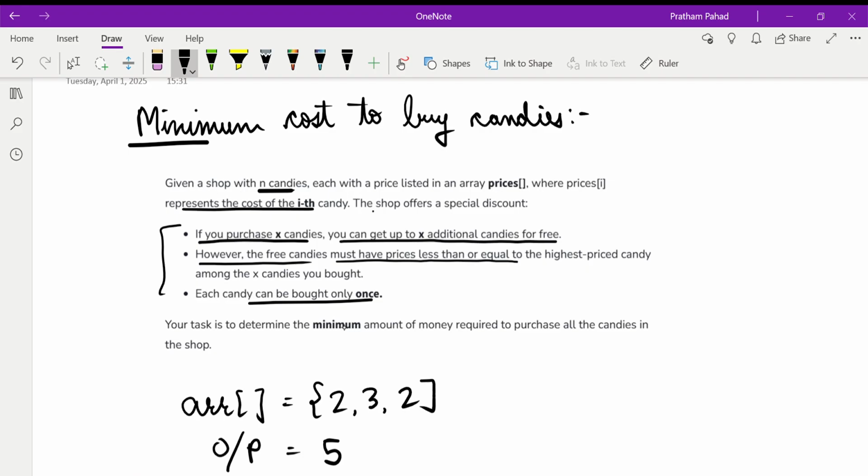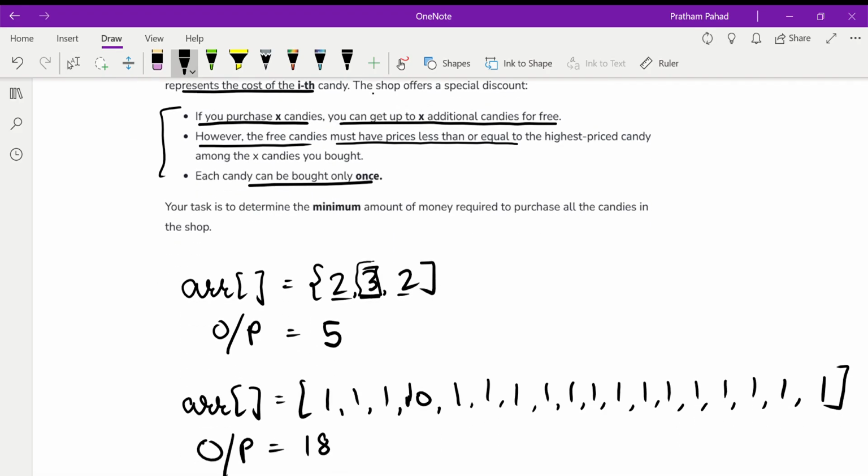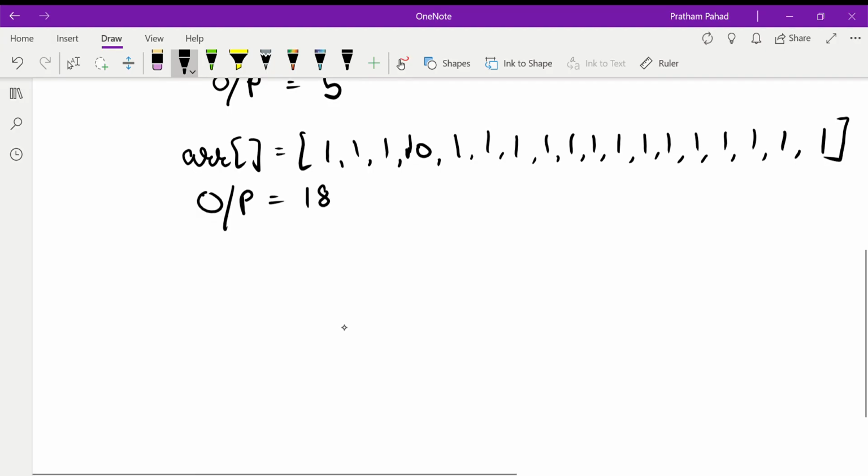In this problem, if I purchase the candy with price 3, I can get candies with price 2 and 2 for free. Why? Because 3 is the highest priced candy I have. Okay, so let's see this example: 2 3 2. We are given an array 2, 3 and 2. Okay, 0 based indexing, 0, 1 and 2.